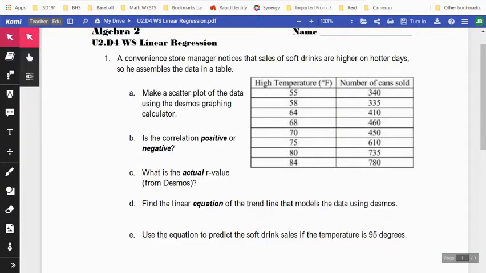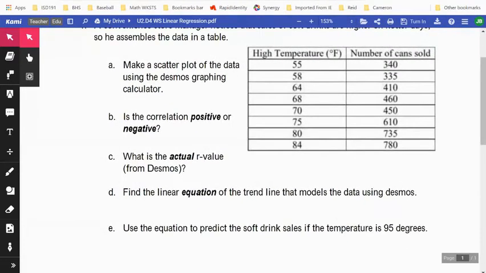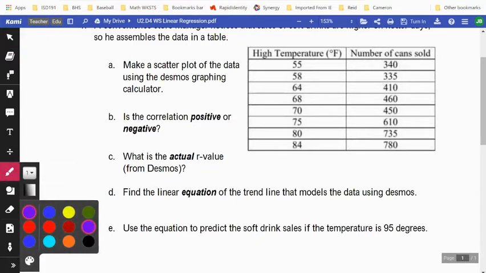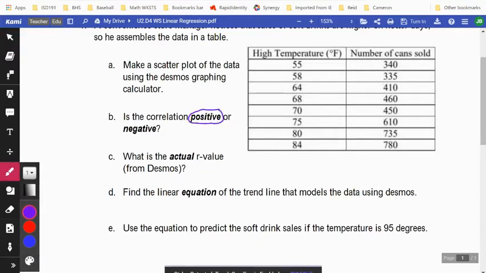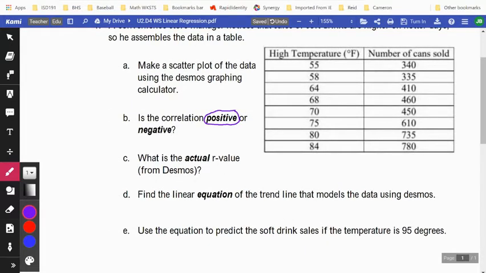So going back to our assignment, we can tell that based on that trend, that is definitely a positive trend. So I'm just going to go ahead and circle: correlation is positive.